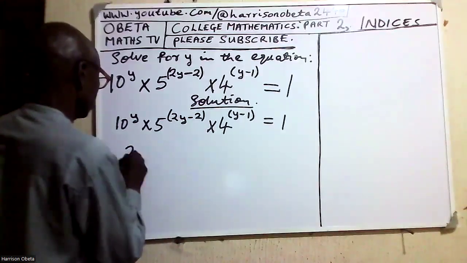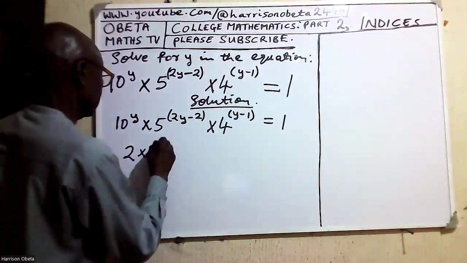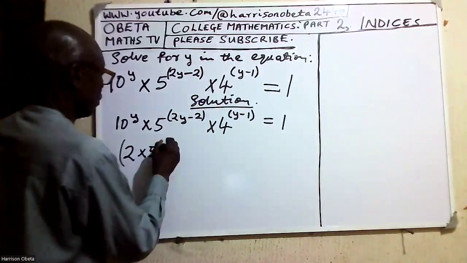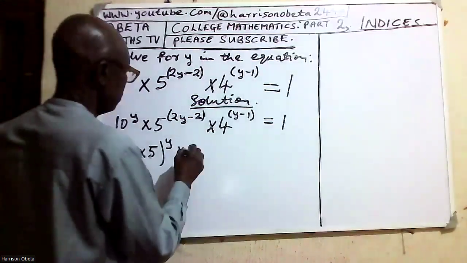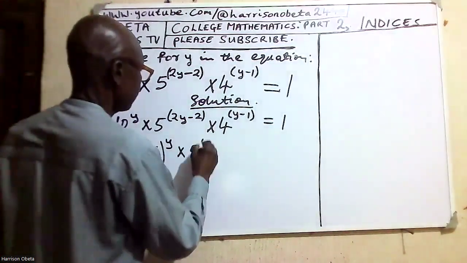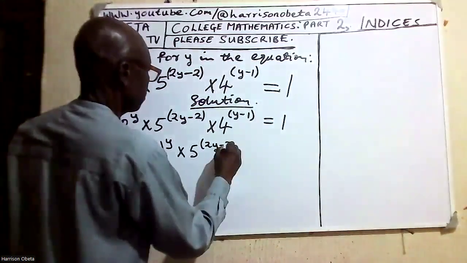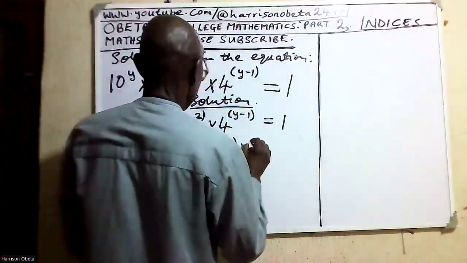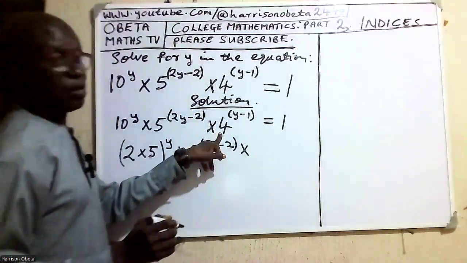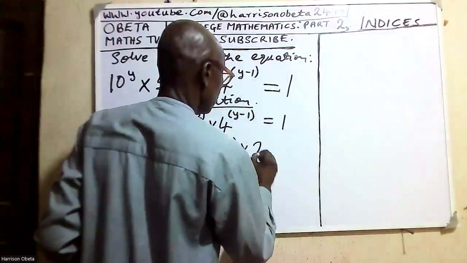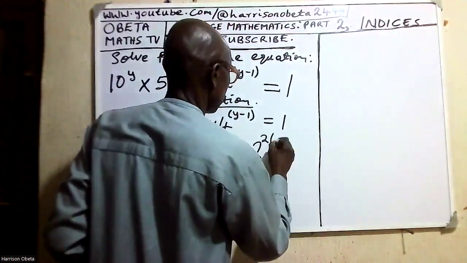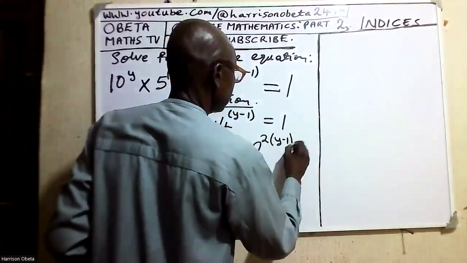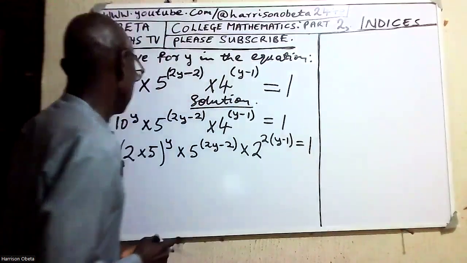That will be 2 times 5 raised power y multiplied by 5 raised power 2y minus 2 multiplied by, break this one down again, 2 raised power 2 bracket y minus 1 equal to 1.